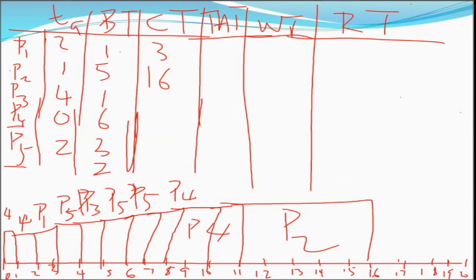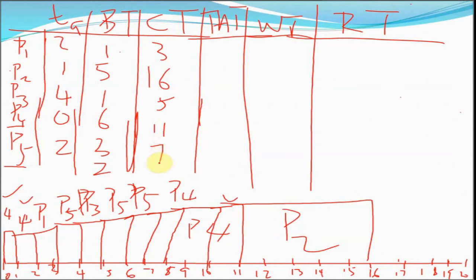And for P3 is what? It's 5. Yes. And then completion time for P4 is 11. You see? Although P4 started here and here, but it came to end here. So P4 is actually 11. And what about P5? P5 is what? 7.